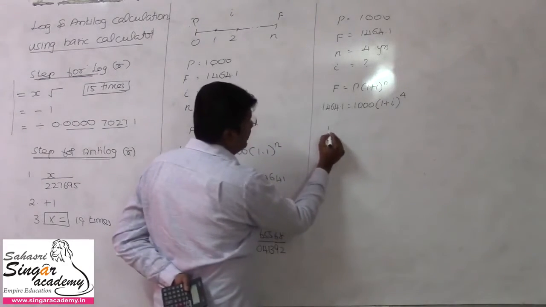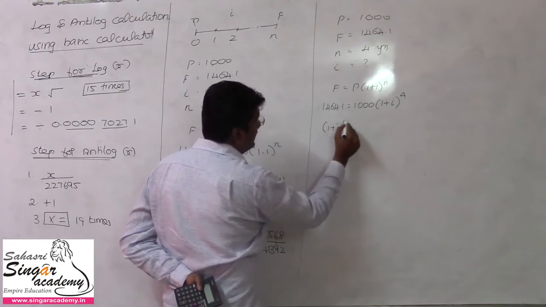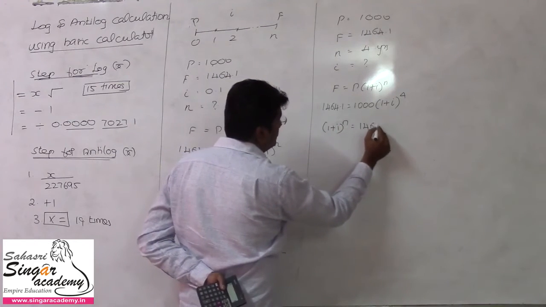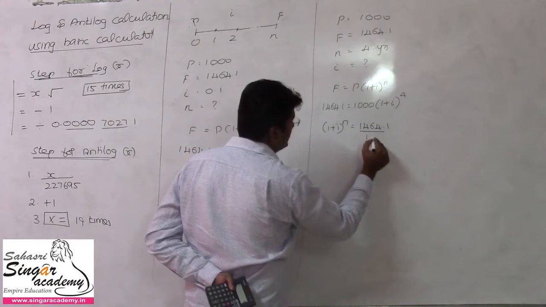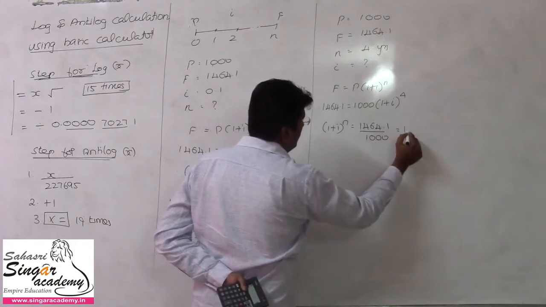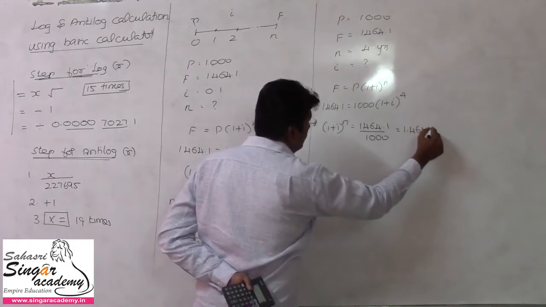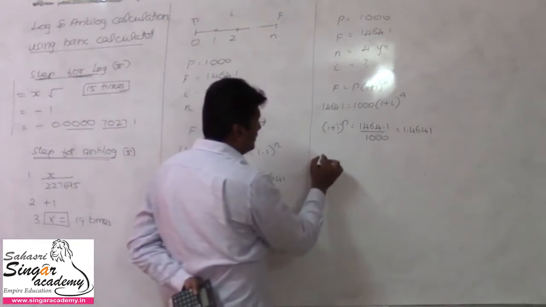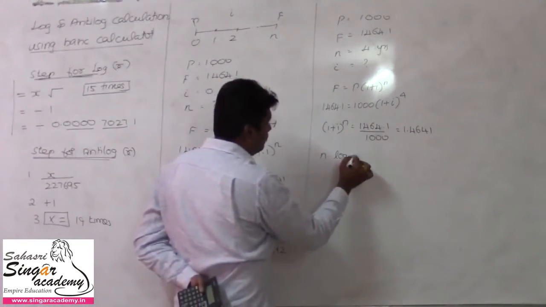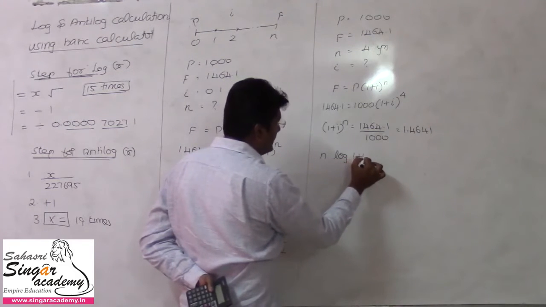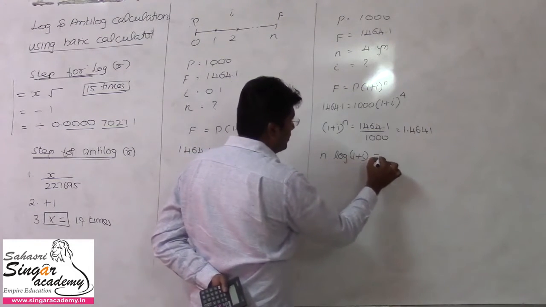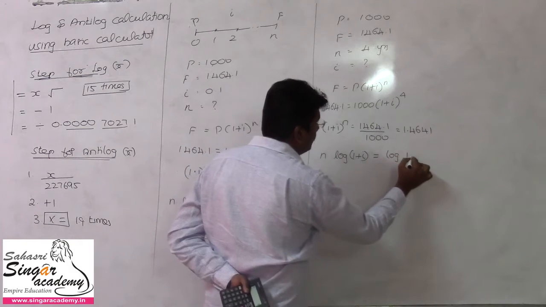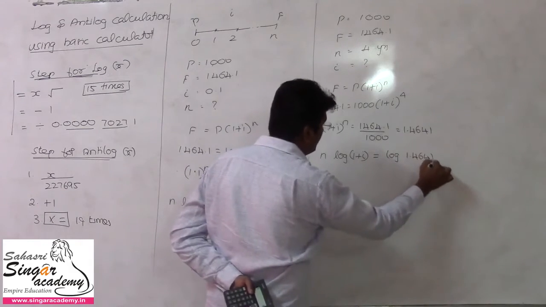Otherwise 1 plus I to the power n is equal to 1464.1 divided by 1000, which is nothing but 1.4641. I am going to take the log on both sides. N log 1 plus I is equal to log 1.4641.